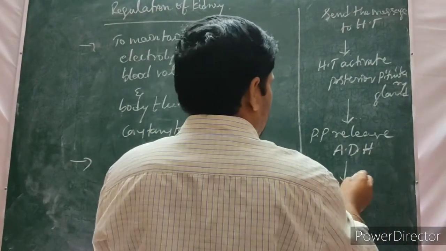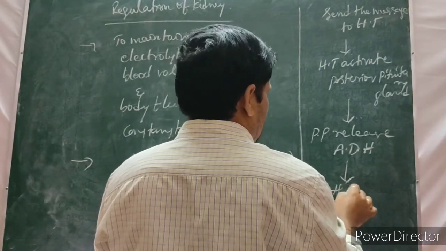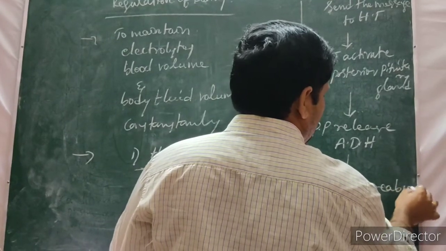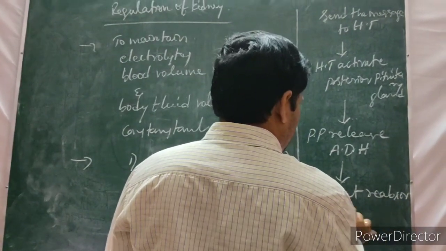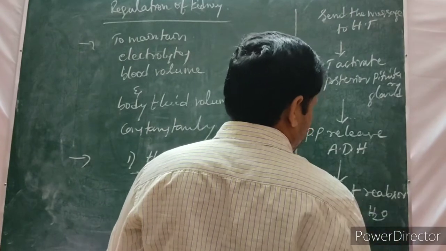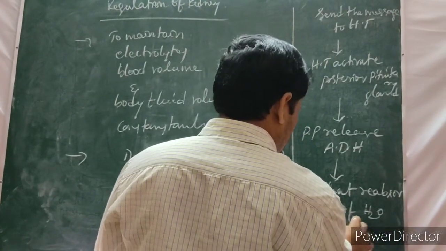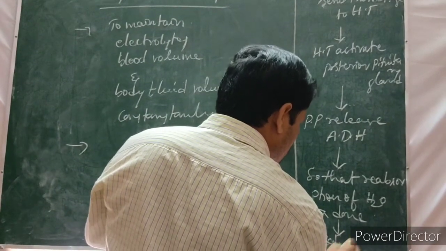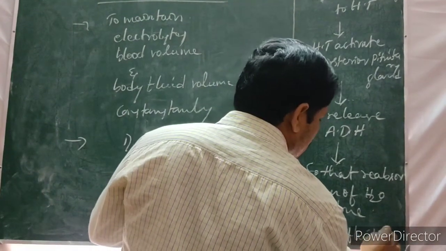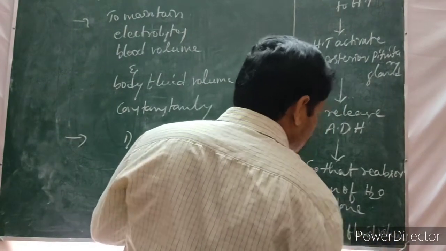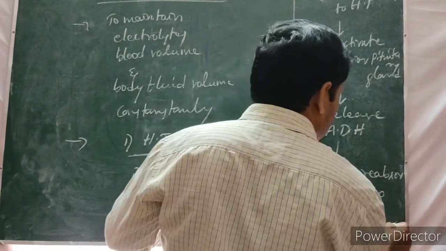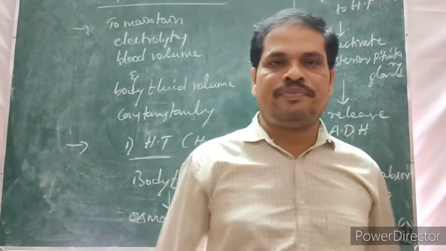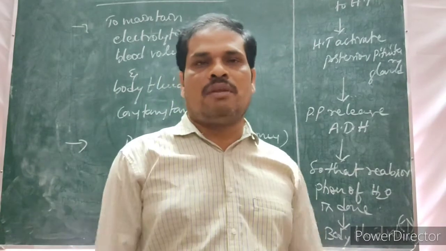So what happens? Reabsorption of water is done. So the body fluid volume increases, meaning it comes back to the normal level. That is the importance of the hypothalamus.